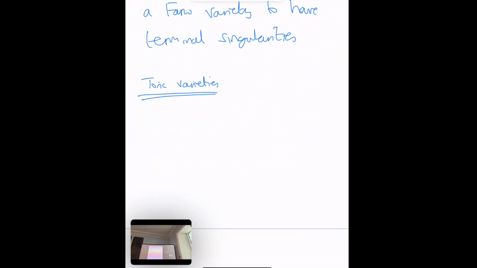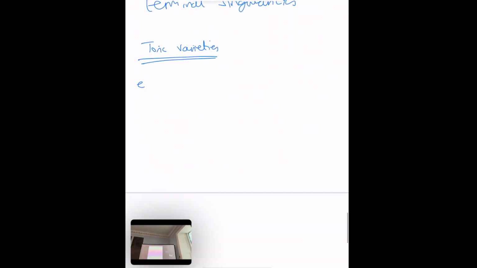The example that you're all familiar with is n-dimensional projective space, where you take C^(n+1), remove the origin, and divide by the action of C star.